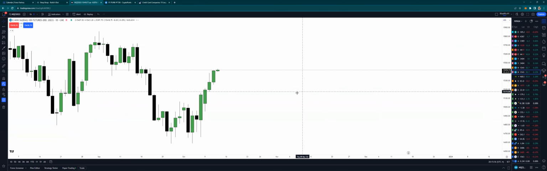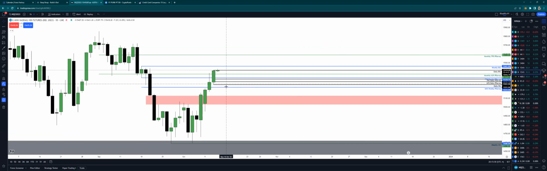And NQ, same thing. We already broke above the monthly premium array for EQ. So I expect us to run that weekly buy side liquidity from September the 18th, right?